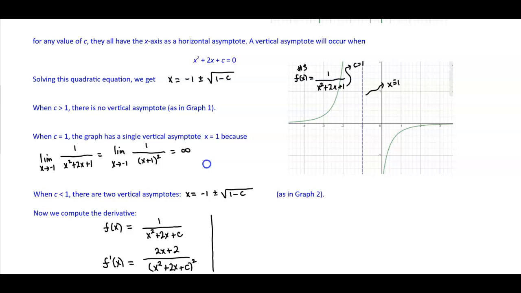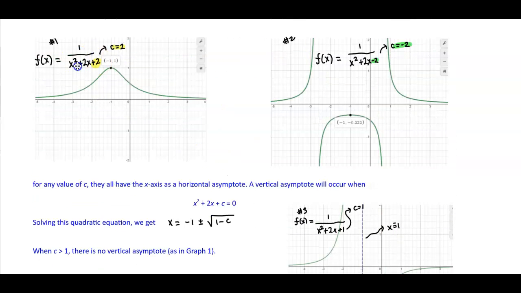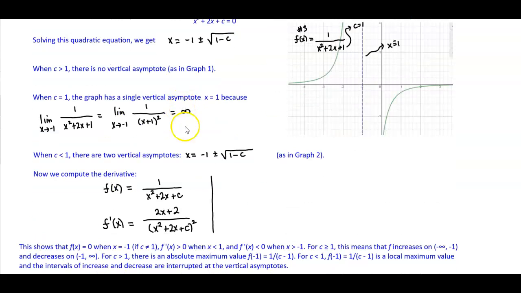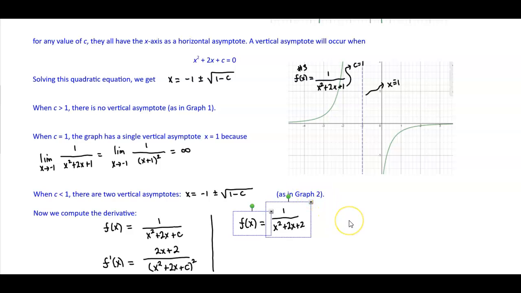Okay, now if we wanted to find the derivative of the first function up here, so let's go ahead and find the derivative of this function. The derivative of this function is going to be 2x plus 2 over x squared plus 2x plus 2, squared.